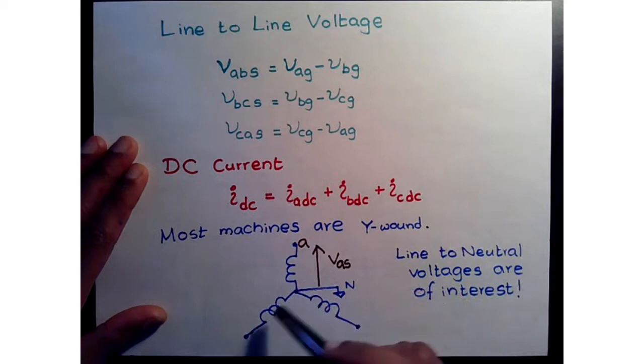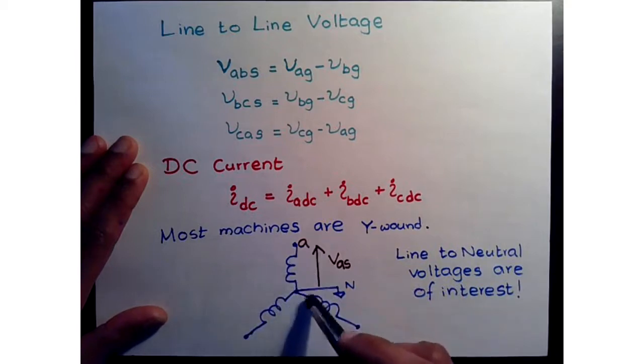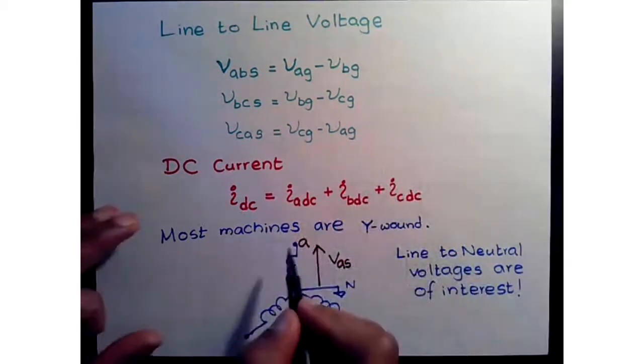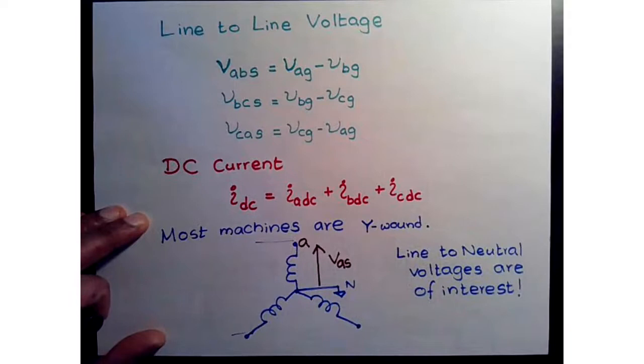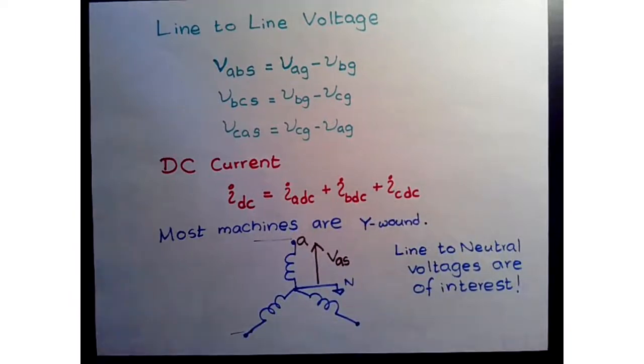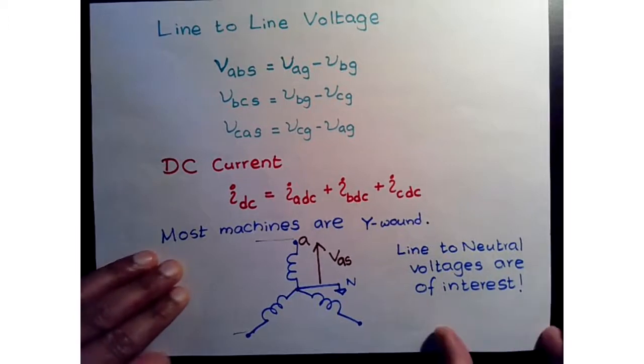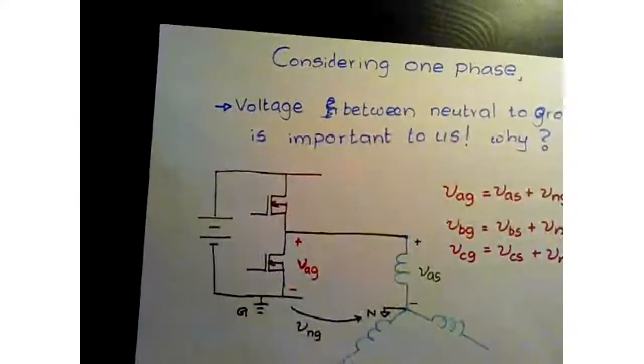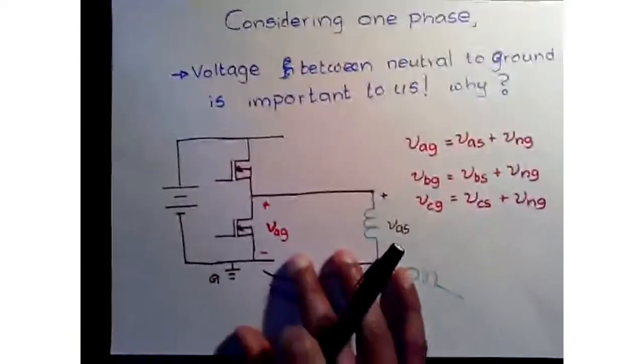Okay, same goes for B and same goes for C. So we consider the phase voltage, not the line-to-line voltage. So typically we call this the line-to-line voltage and this the phase voltage. Okay. All right. So let's get a better idea of the relationship, because we need to understand these concepts a little bit more as we go further down the road.